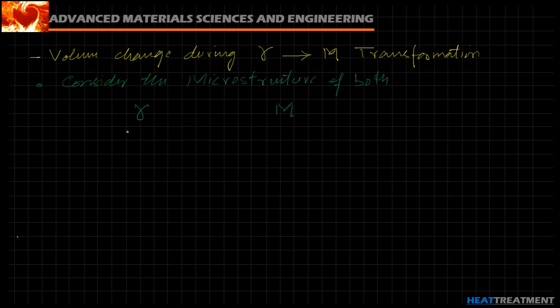The austenite is in the form of face centered cubic, whereas the martensite is body centered tetragonal.